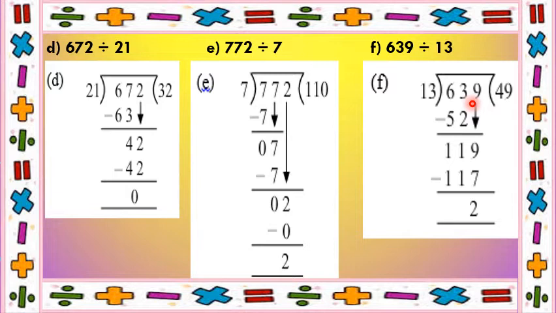Now put this 9 down. 13 nines are is 117. Find the difference. 9 minus 7 is 2. 1 minus 1 is 0. So the remainder is 2, whereas the quotient, that is answer, is 49.